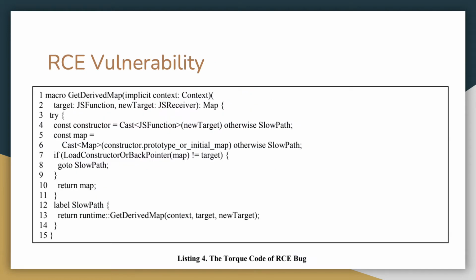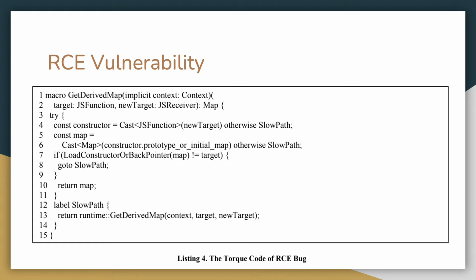So the first vulnerability, the author called it the RCE vulnerability, which is located inside the JavaScript engine V8, in the macro called GetDerivedMap.